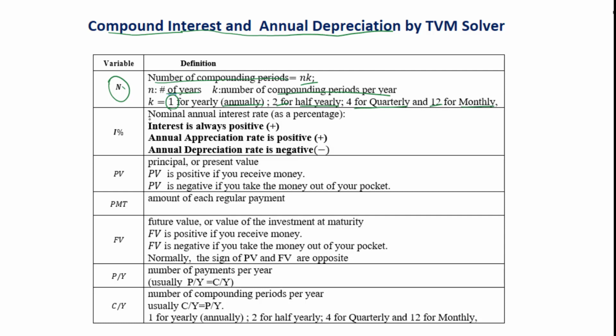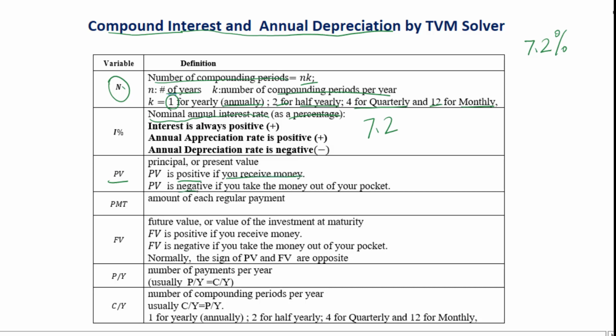I% stands for nominal annual interest rate. It will be given as a percentage. For example, when the interest rate is 7.2%, we will put 7.2 for I%. PV is the principal or present value. PV is positive if you receive money.